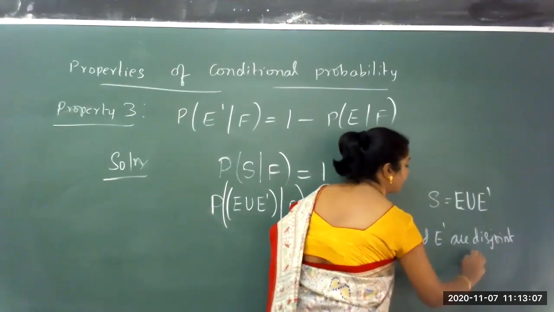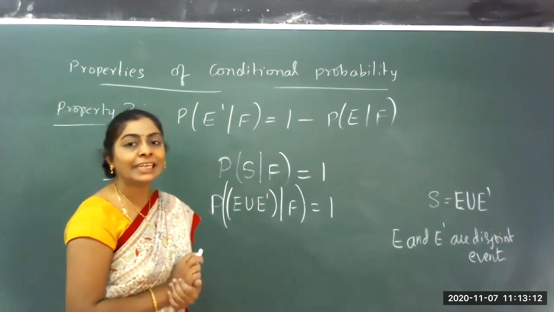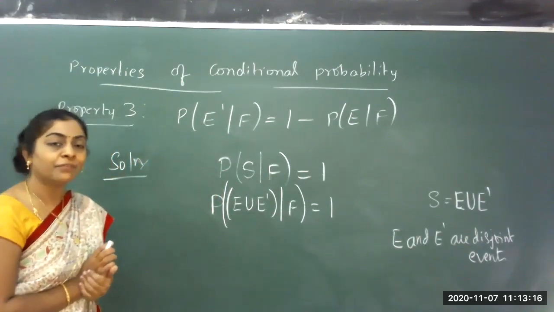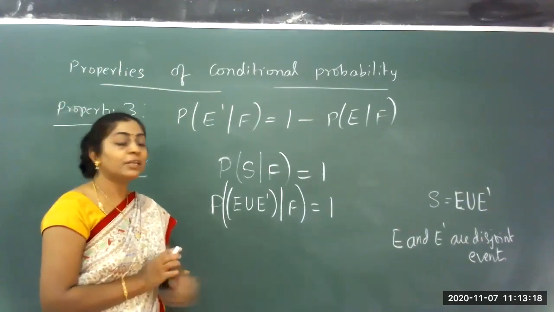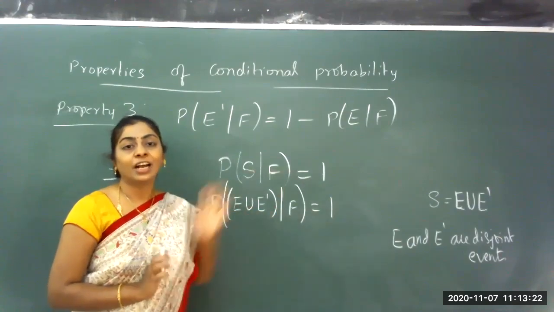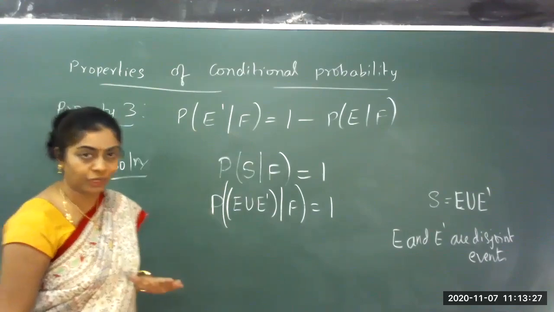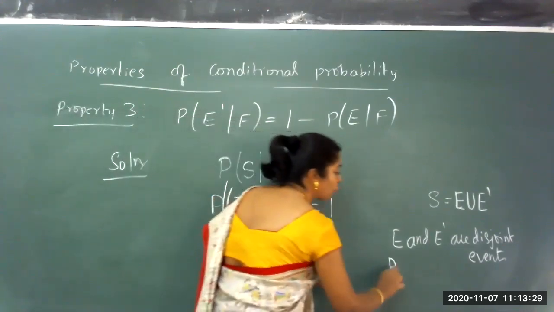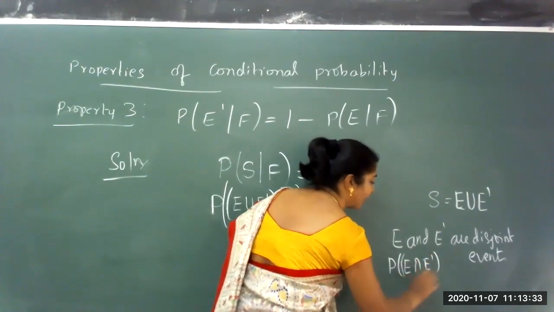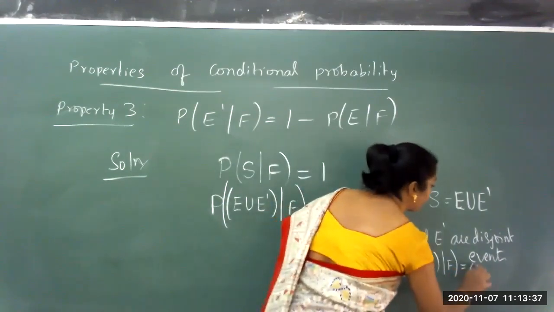If E and E dash are disjoint events, just in the previous property, we learned that the conditional probability of E intersection E dash when event F has occurred is nothing but 0.